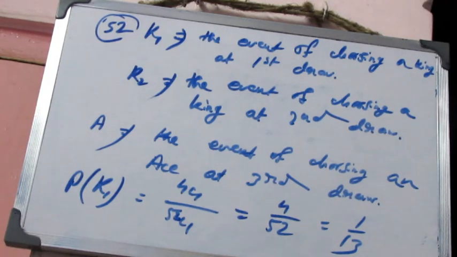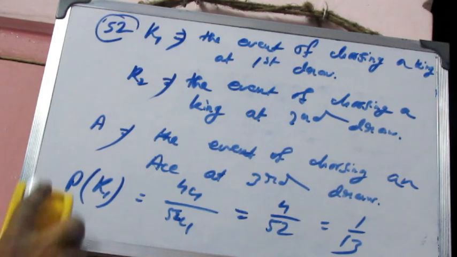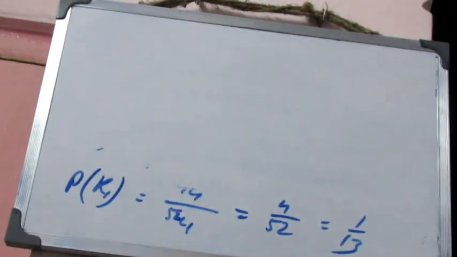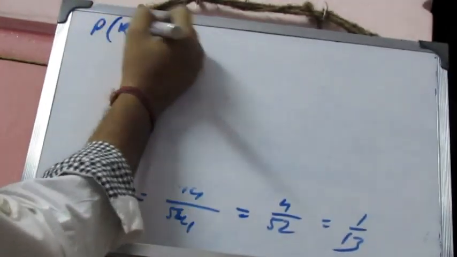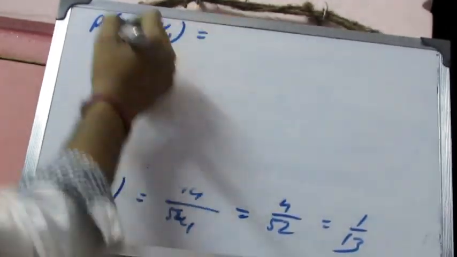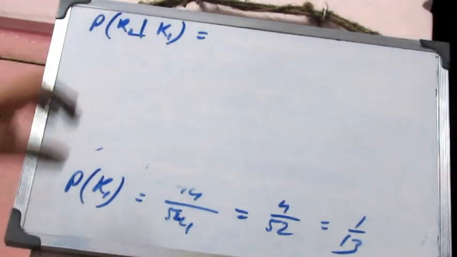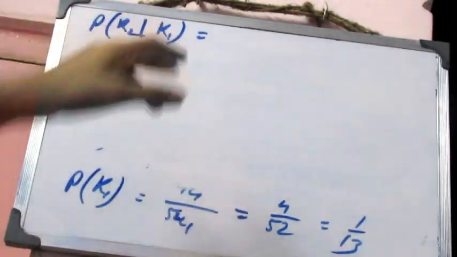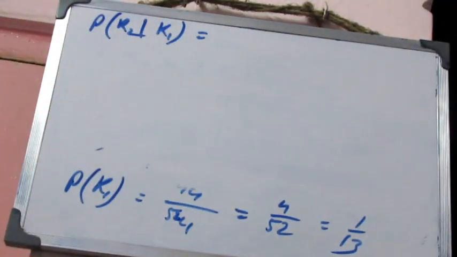Now we are left with 51 cards and 3 kings. So the probability of K2 given K1, that means the second card drawn will be a king given that the first card drawn was a king.